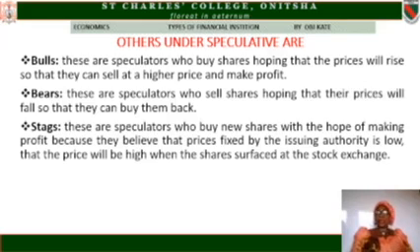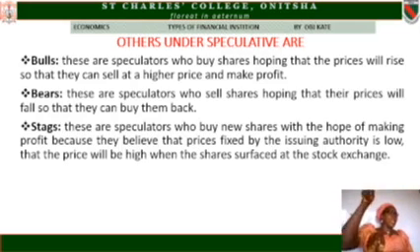Then bears, these are also speculators who sell shares, hoping that their prices will fall so that they can buy them back. What it implies is that the bears already have the shares, but they have what is called fear of future fall in price of shares.